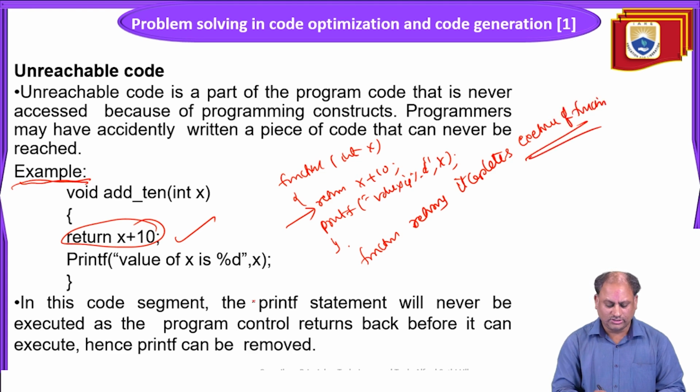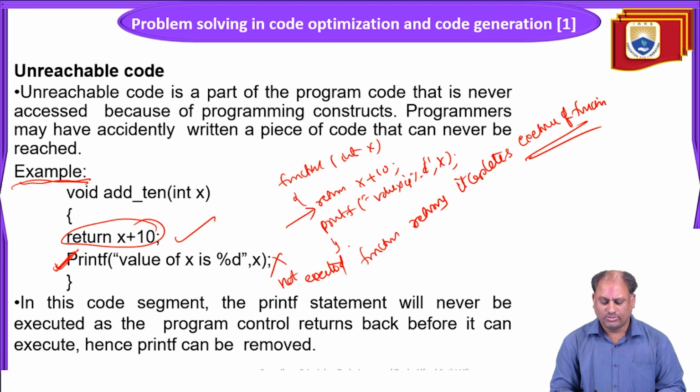Then in this case, this printf statement is not executed. That means control doesn't come to this statement; it comes out of the function, and this statement is available in the program code but is not reachable. This part of the code is called unreachable code of the program.